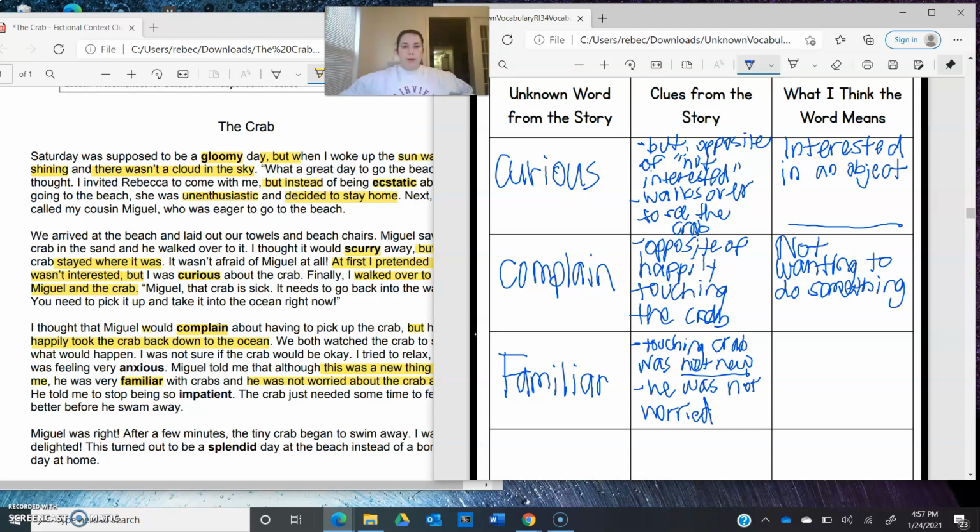Okay, so I want to put the clues together, and if I'm working with something that I've worked with before and I'm not worried, then I think that what that means is I'm feeling comfortable. So I think that familiar means something you have done or already know and feels comfortable.